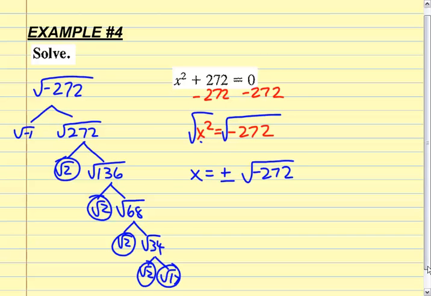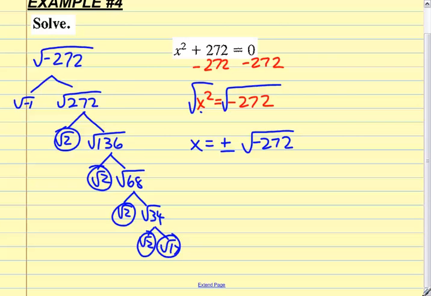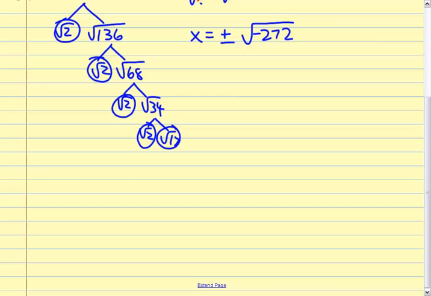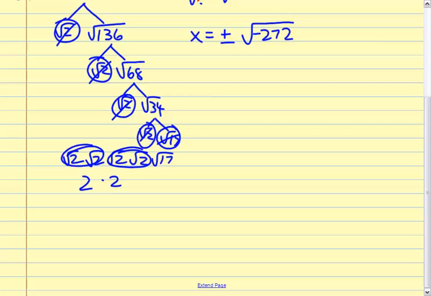Okay, I'm getting there. Stick with me. All right? Let me extend the page a bit so we'll have some room. So look, root 2, root 2, root 2, root 2, root 17. All right? This turns into 2, that turns into 2, and I'm left with 17. So 4 root 17, but wait a minute, don't forget.